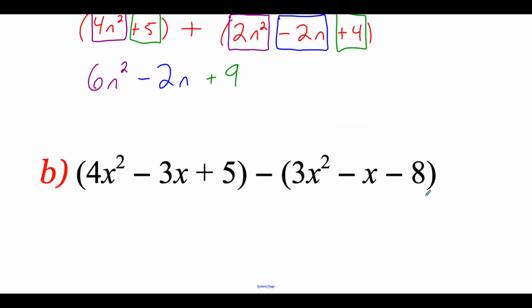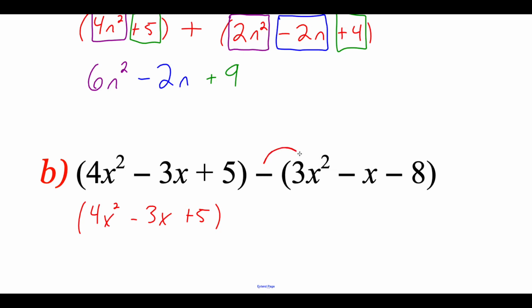Now in this next one, we've got 4x squared minus 3x plus 5, and we're going to subtract 3x squared minus x minus 8. So just like we did in the first one, we're going to leave the first polynomial alone. We're not going to make any changes there at all. And we're going to take that negative, or that subtraction that's happening between them, and distribute that into the second polynomial.